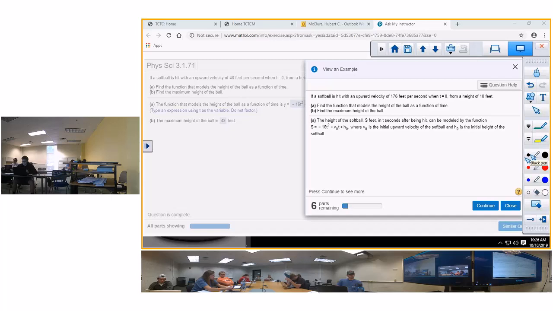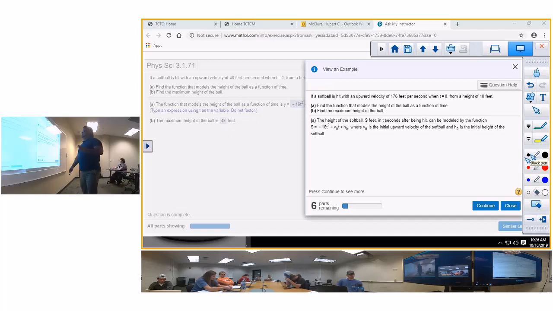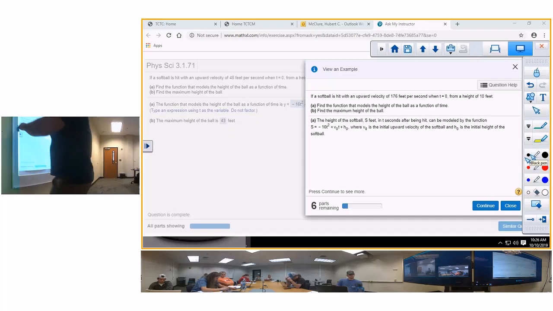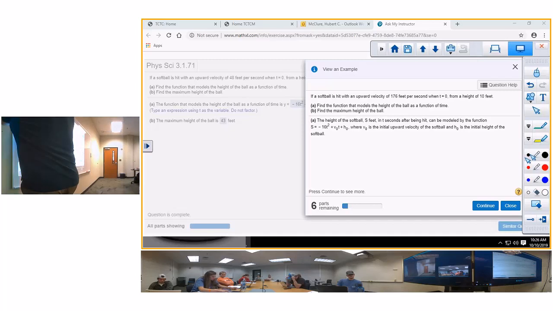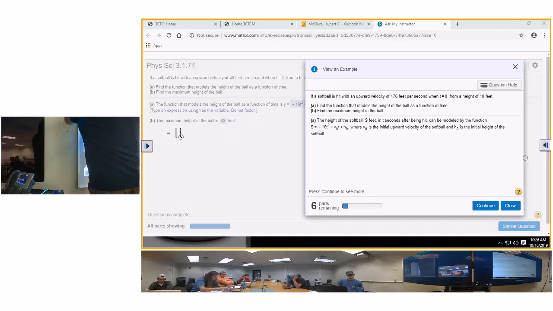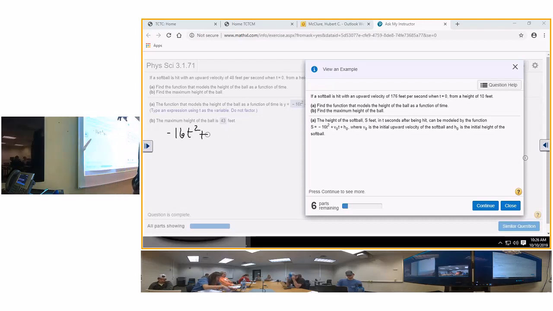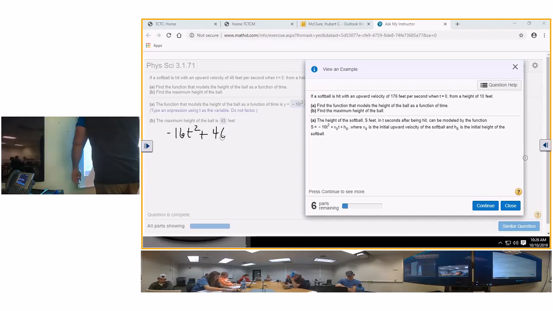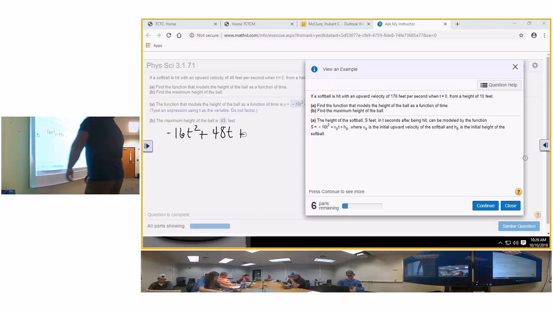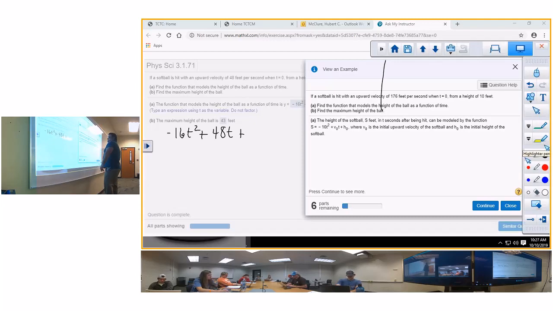I think this is the one we did the other day, and I made an error in the second part. So we'll try to do it again. So negative 16t squared plus, what's our initial velocity? 48. T plus our initial height. Hold on a second.